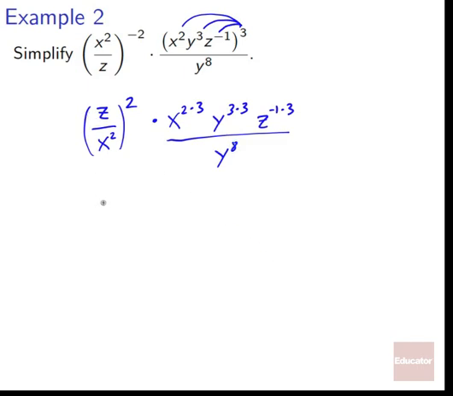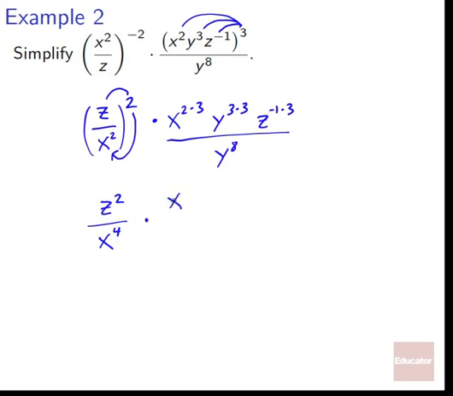We can deal with this squared. We get z squared over, with that 2 also distributes, so the 2 distributes onto the top and the bottom. So x squared squared is x squared times x squared, or x to the 4th. Also x to the 2 times 2, another way of looking at it.